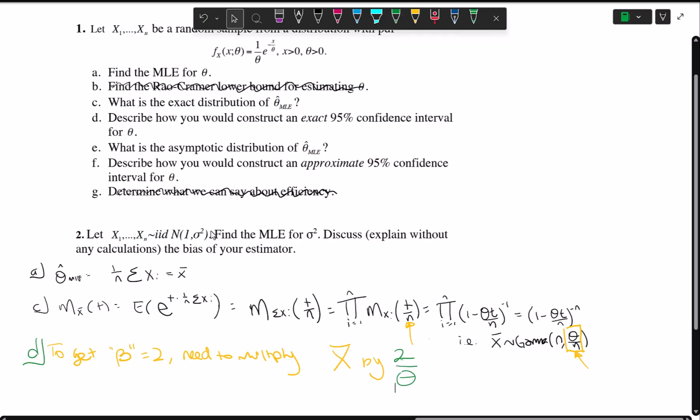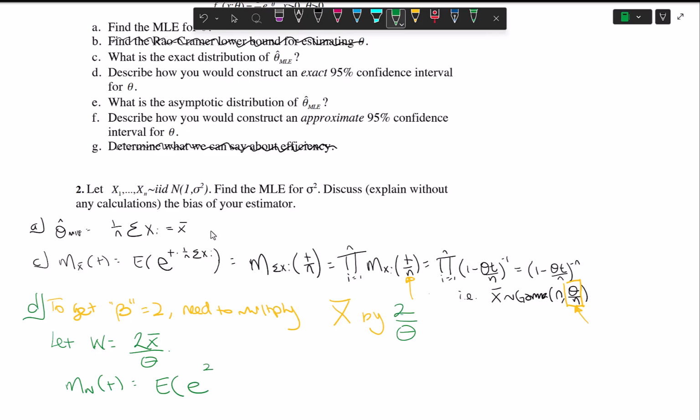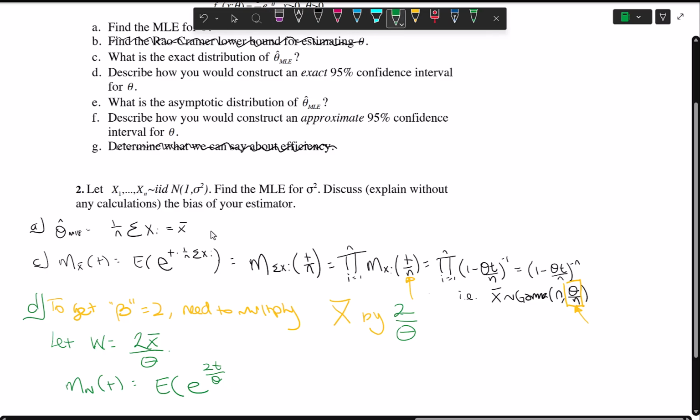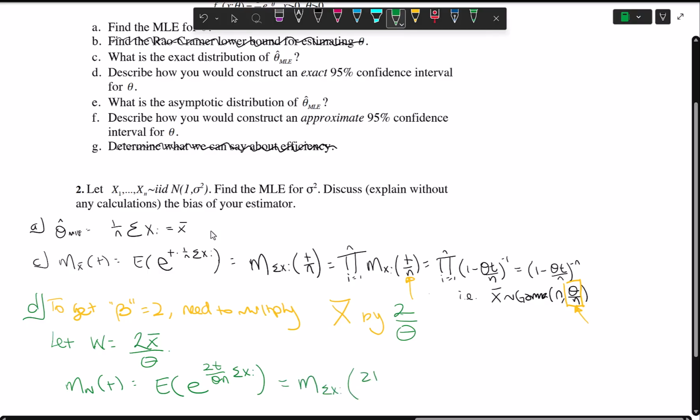So consider W equals 2 X bar over theta. Then M sub W of t is the expected value of e to the 2t over theta X bar. We could write it as 2t over n times the summation of the x's, which is the MGF of the summation of the x's evaluated at 2t over theta n.